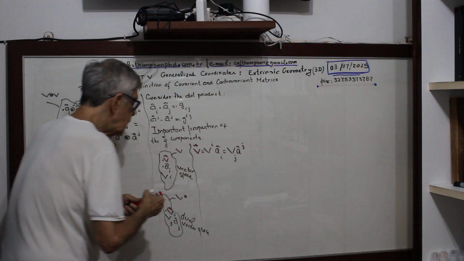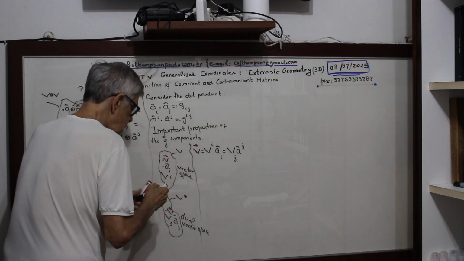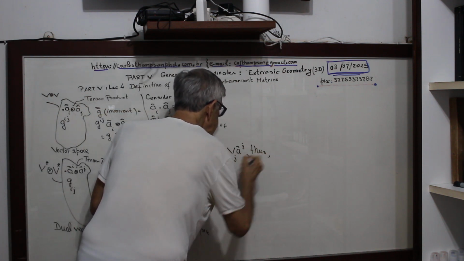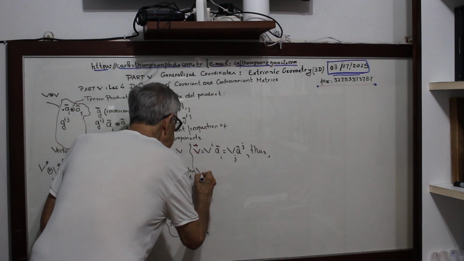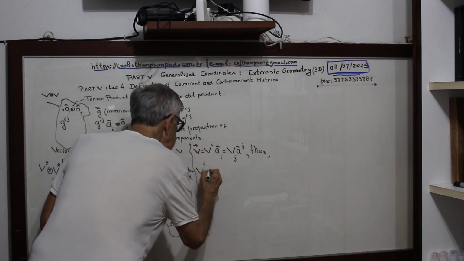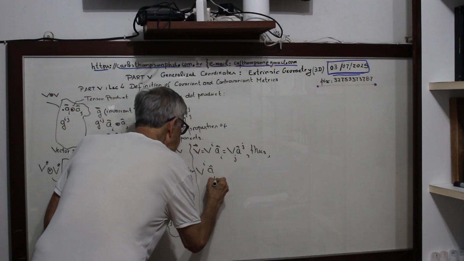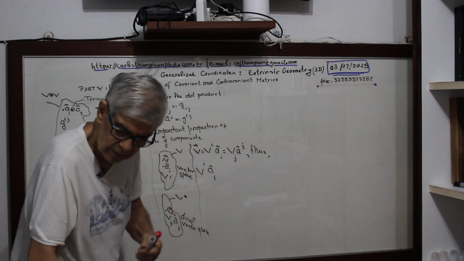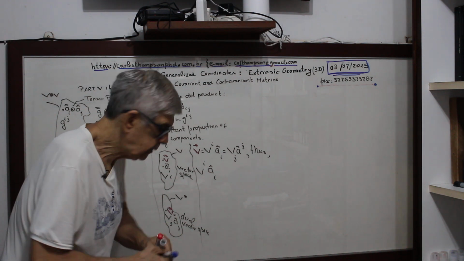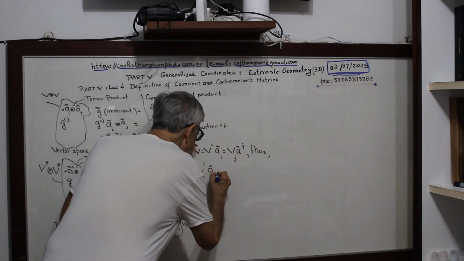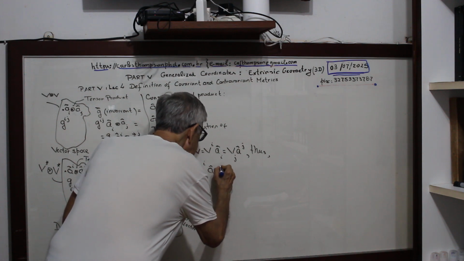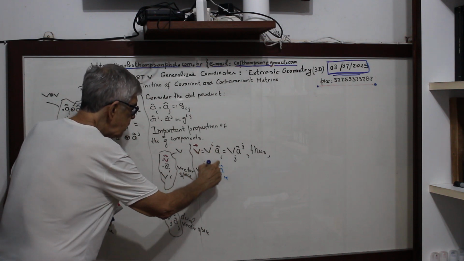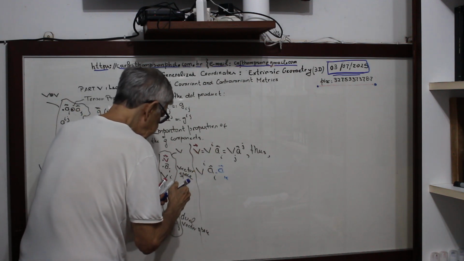Now, thus, I can write v^i a_i dot a^k. You see? v^i a_i dot a^k.